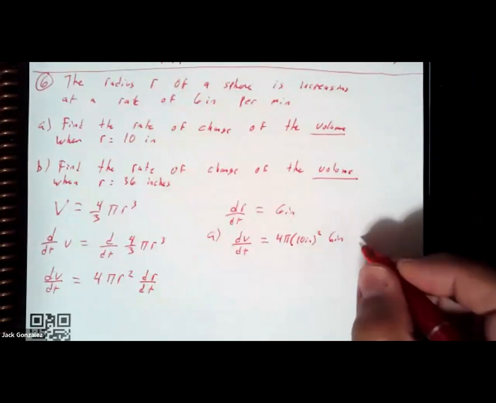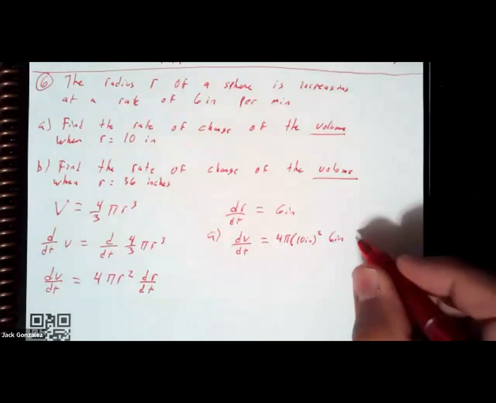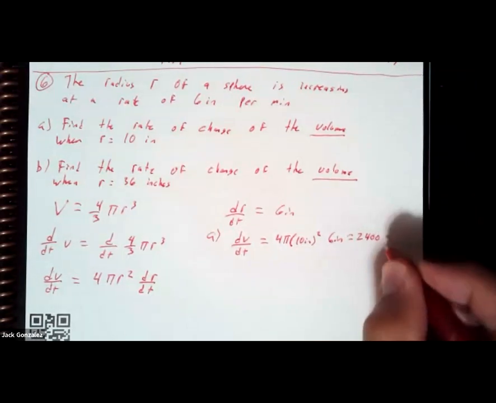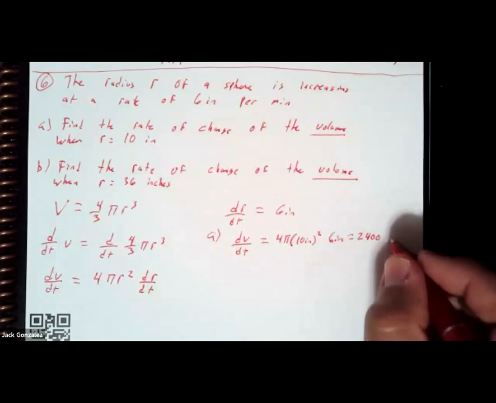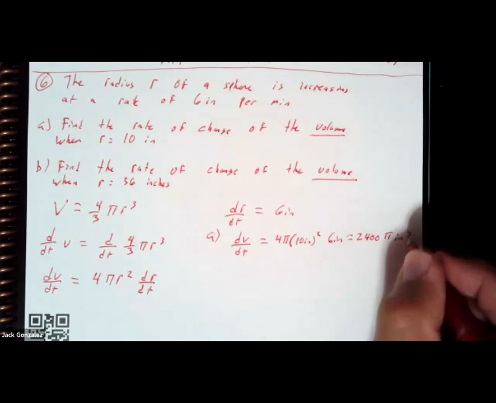So this will be what? 100 times 6 is 600, times 4, 2400. I think that's right.